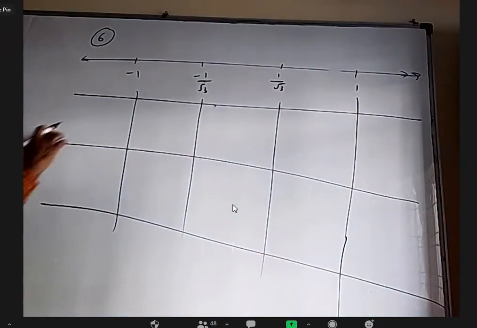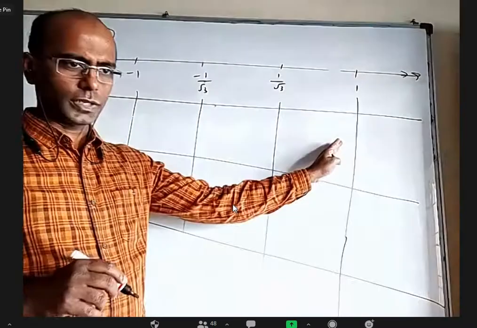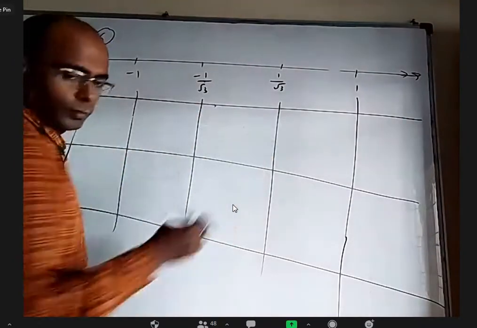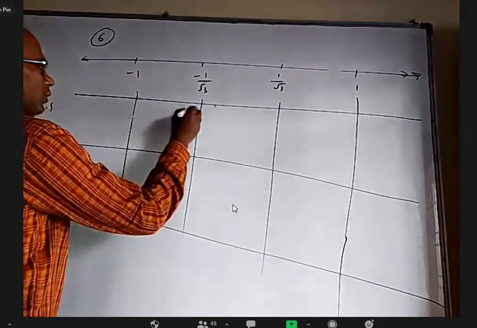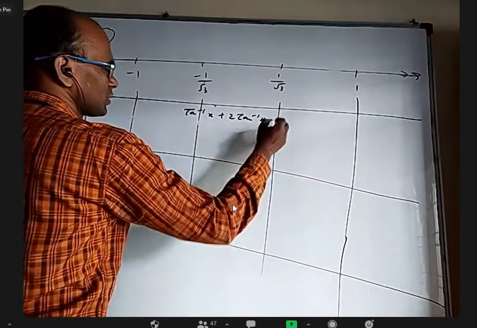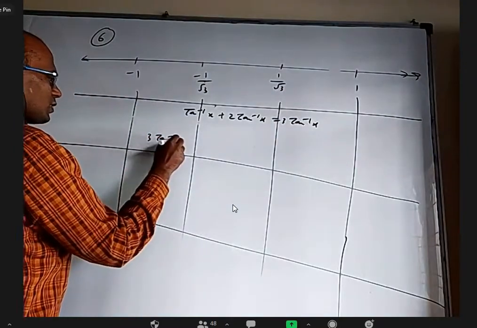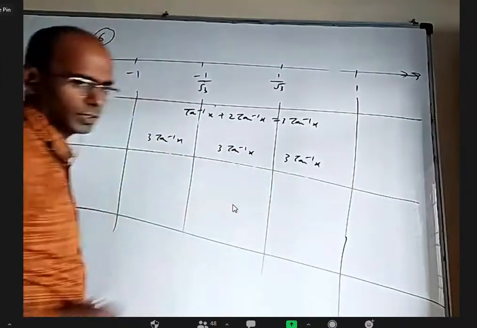I'm going to write LHS here and RHS here in each case. First of all, between -1 to 1, anywhere you take, the formula for LHS will be tan inverse 2x by 1 minus x square will be 2 tan inverse x. So all these things will get tan inverse x plus 2 tan inverse x, which will be 3 tan inverse x. So here also LHS is 3 tan inverse x. Here also it is 3 tan inverse x. Here also it is 3 tan inverse x.